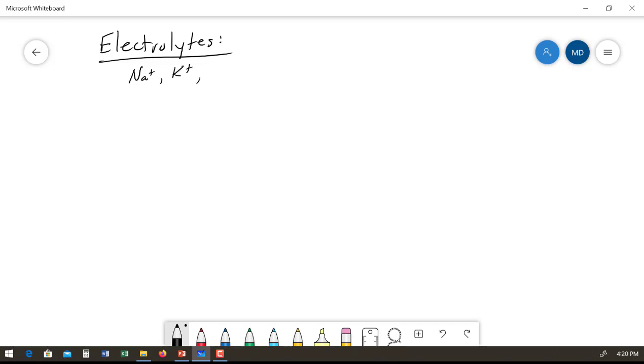So sodium and potassium are the two big ones, right? Hydrogen, chloride, bicarbonate, and calcium is another big one. There are some others as well, of course, like magnesium and stuff like that. But the two most important ones here for us are sodium and potassium.